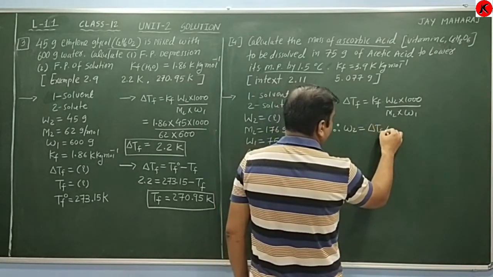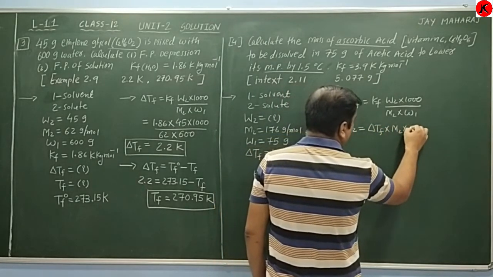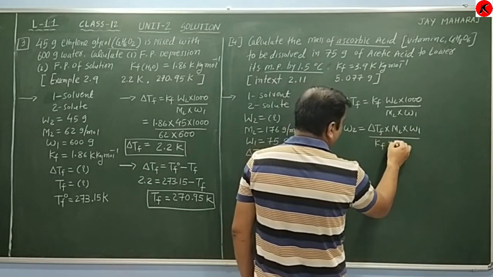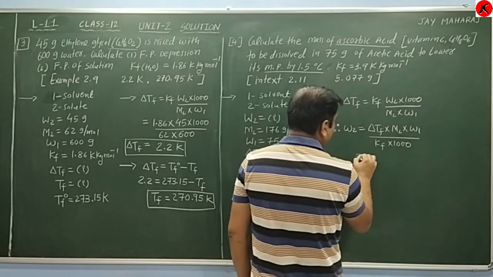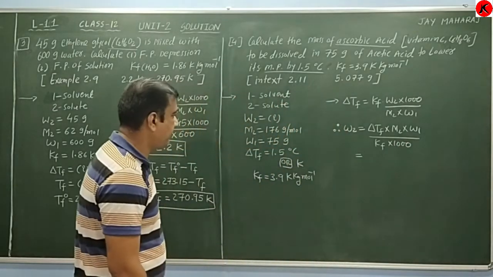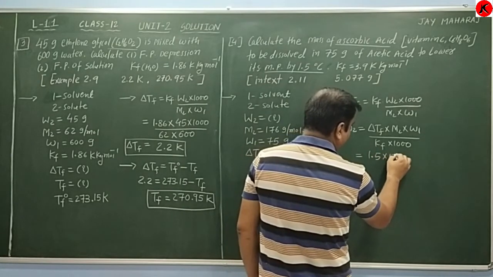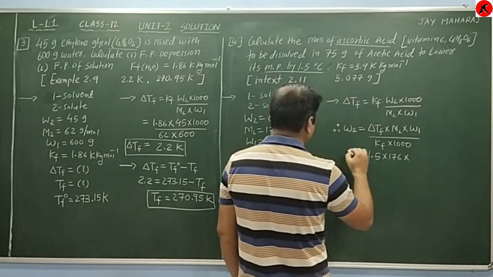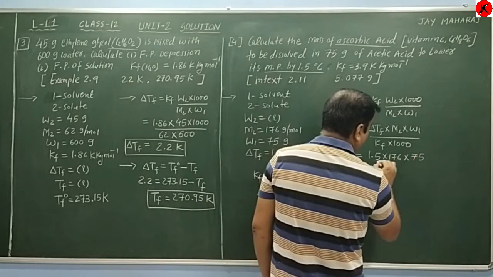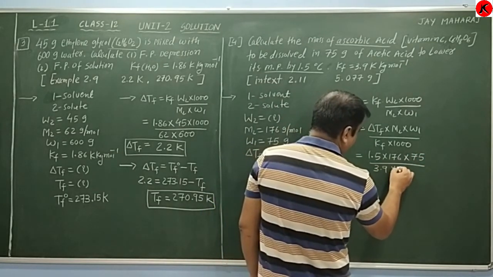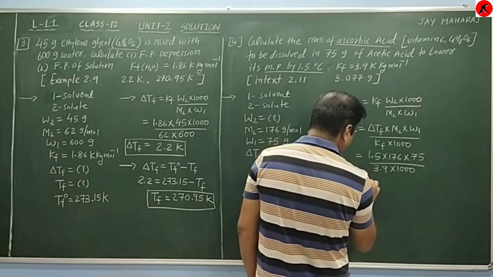That means W2 equal to delta Tf into M2 into W1 divided by Kf into 1000. Value of delta Tf 1.5, M2 is 176, W1 is 75 gram, Kf is 3.9 into 1000.